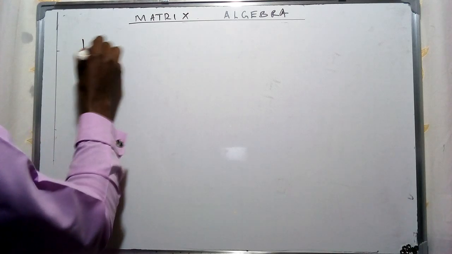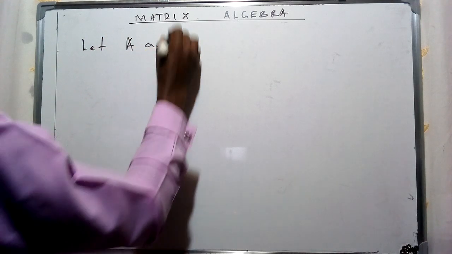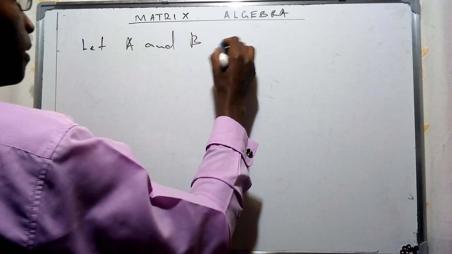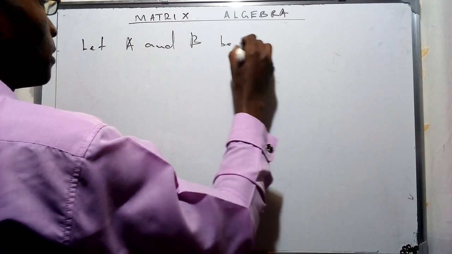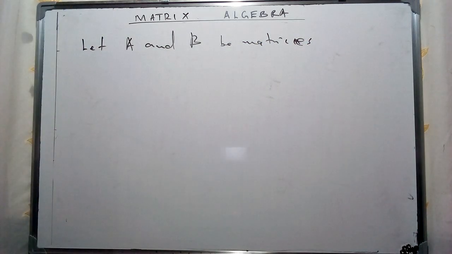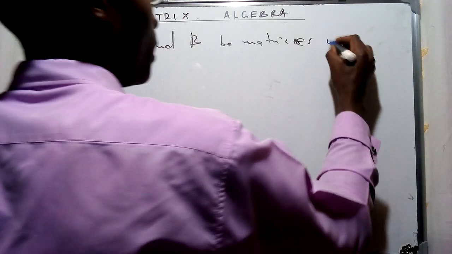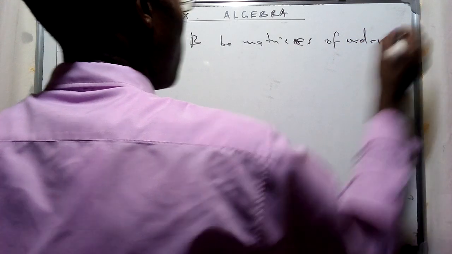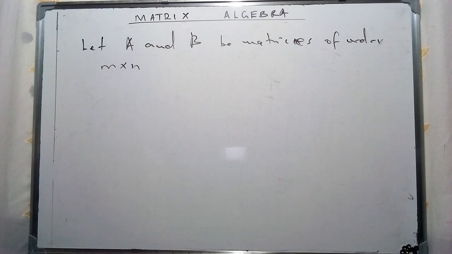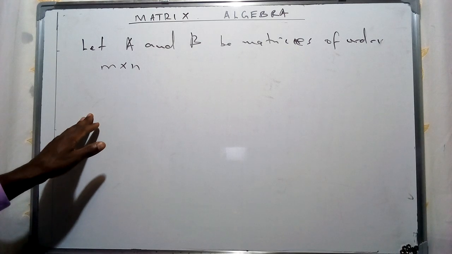Now, suppose we have matrices A and B, which can be given using the capital letters. Let A and B be matrices of order m by n, and these matrices are going to be of the same order.